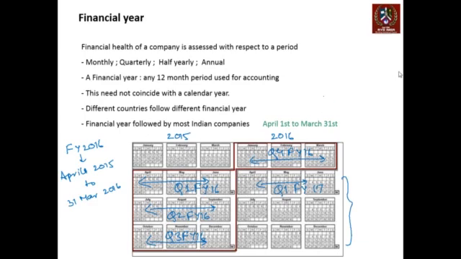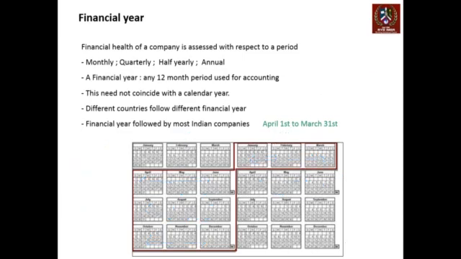That doesn't mean, as we said, that a company cannot follow another financial year. If a company is following a calendar year, it will be from January to December. Companies could choose to follow July to June. They could choose to follow October to September. So if a company is following October to September, then this is going to be quarter one, and then these 3 quarters of next year are going to come in.